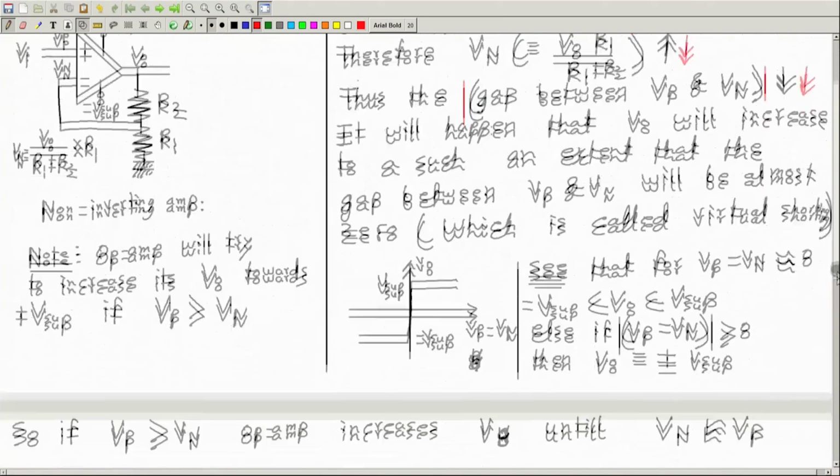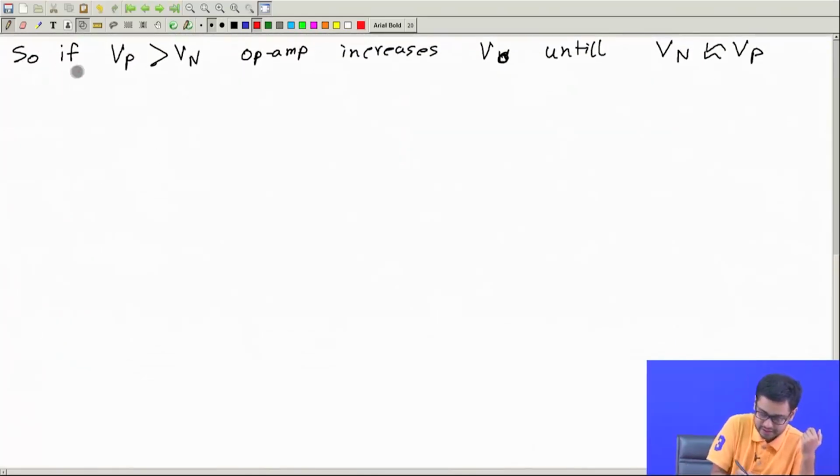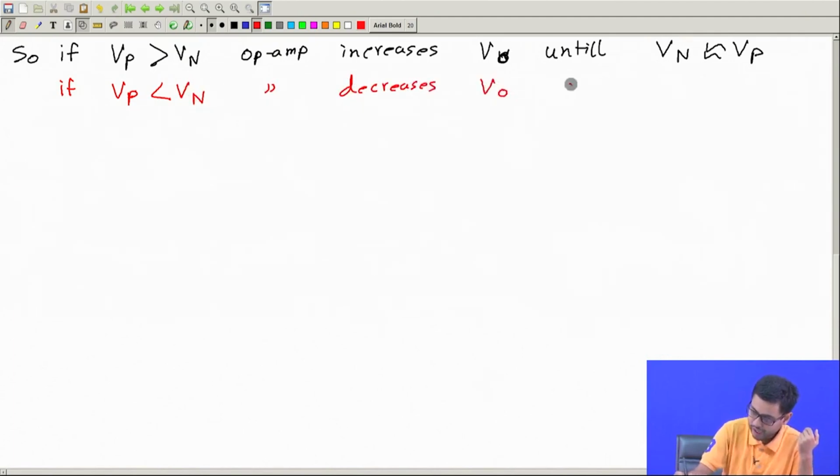Here I write with the red color: if Vp is less than Vn, then the op amp decreases Vo until once again Vn and Vp are almost equal. This is how it works.